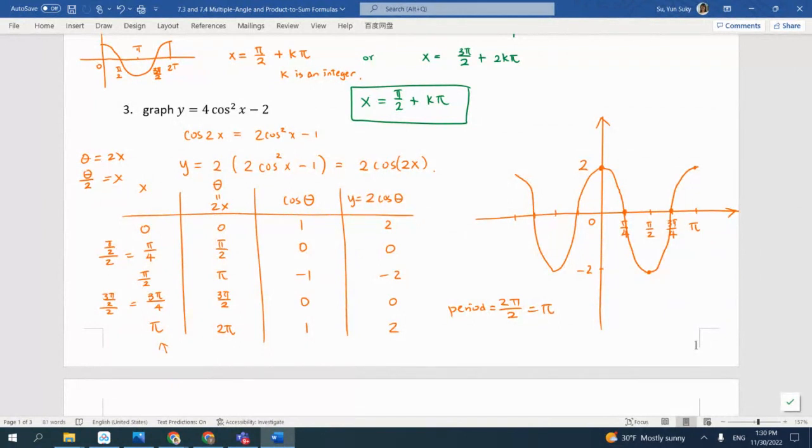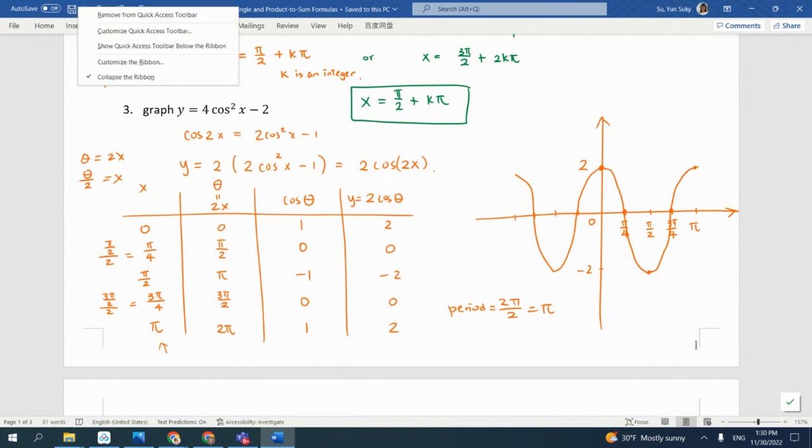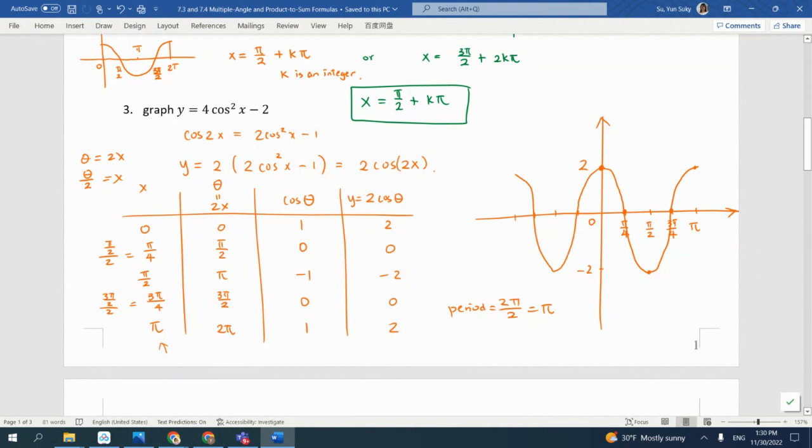Because the coefficient of x is 2. Yes, everybody? So this example uses the double angle formula to reduce the power and double the angle. And then we can draw it using the method we learned before. Everybody okay with this problem?